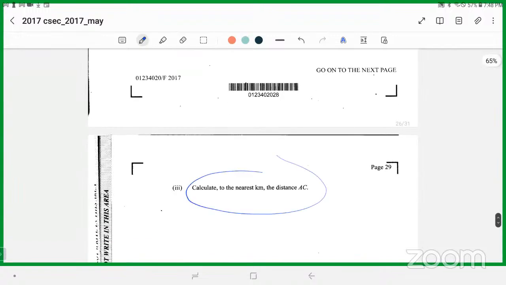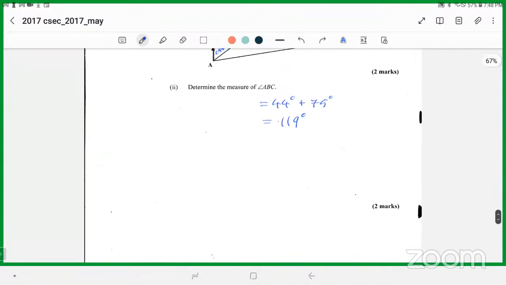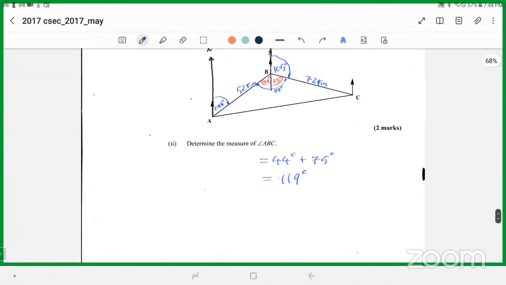Calculate the length of AC. We're going to use cosine rule for AC. Let's do it up here and then copy it down. So cosine rule for AC.